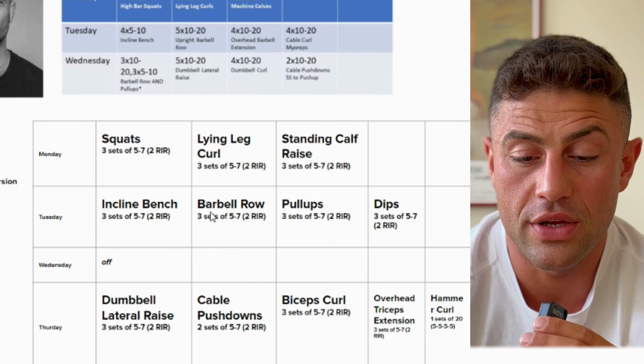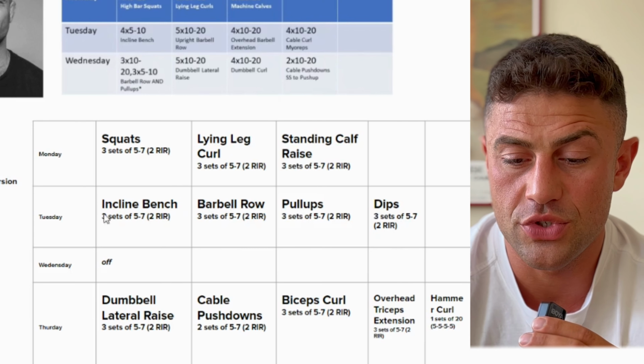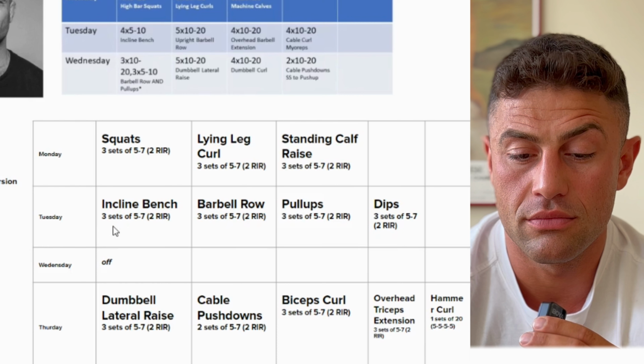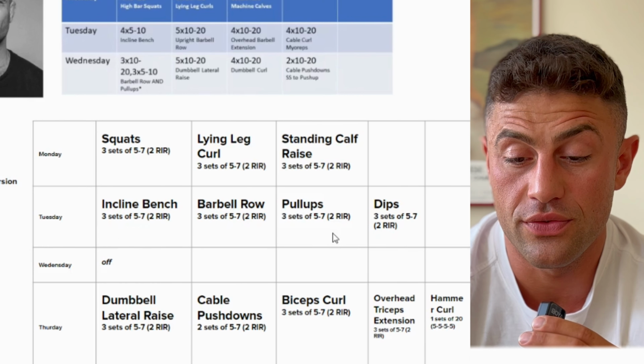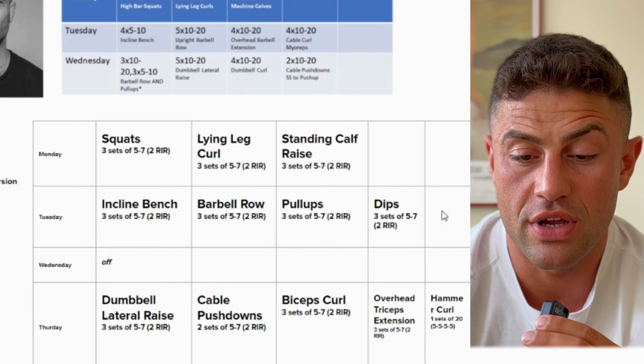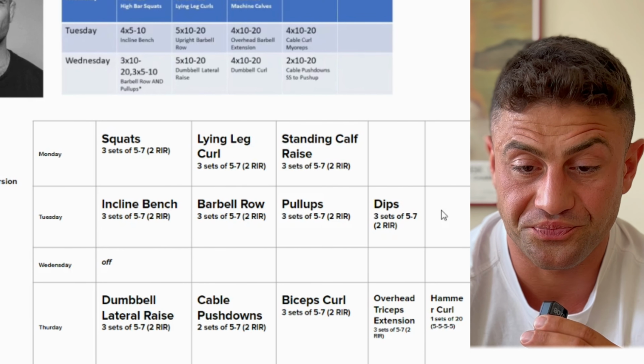We do the incline bench, the barbell row, the pull-ups and the dips to train some chest, some front delts, and some back. All 3 sets of 5 to 7 with 2 reps in reserve. Nothing crazy. 4 exercises. It's gonna be a short workout.